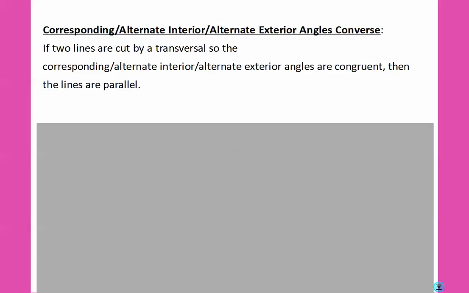We can use the converse to prove that lines are parallel. If two lines are cut by a transversal, so the corresponding, alternate interior, or alternate exterior angles are congruent, then the lines are parallel.